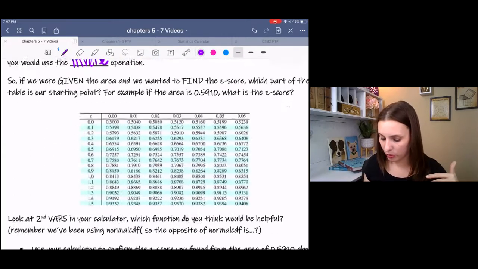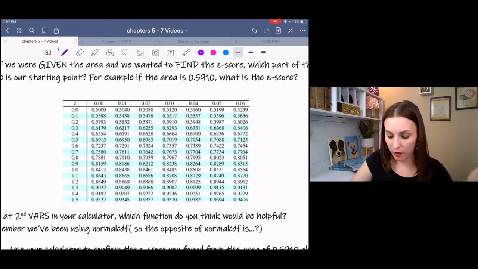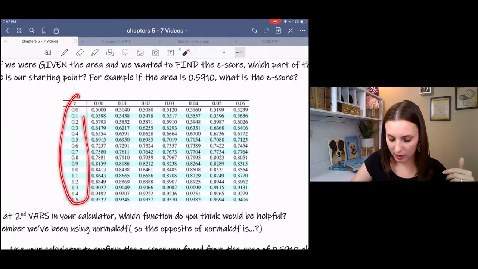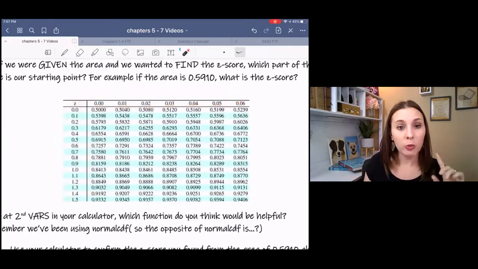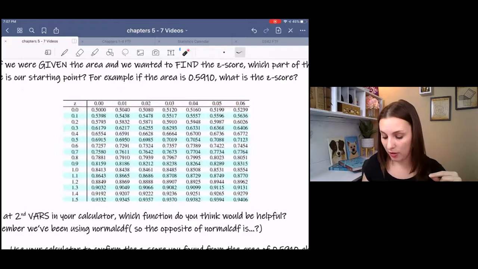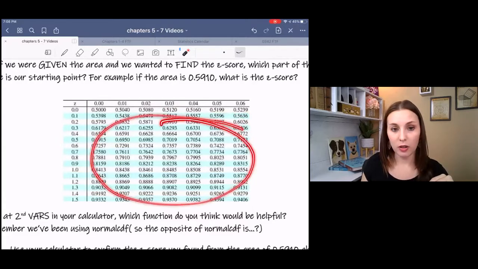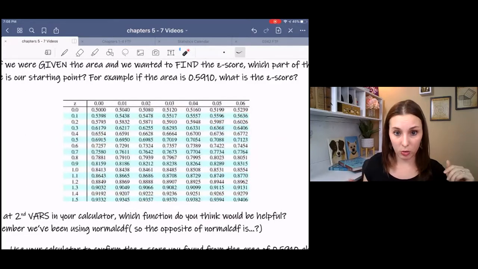In the tables, in the previous problems, we were given the z-score, and we used the z-score to find the area. So if we're given the area, then we can look in here for that area to find the associated z-score.